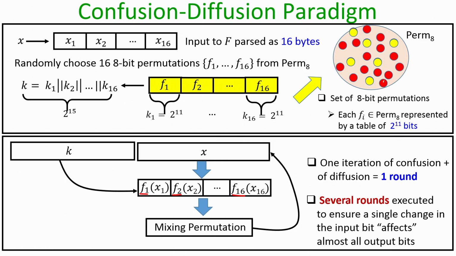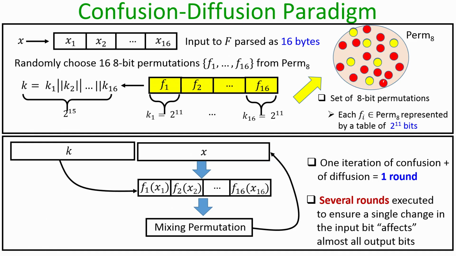That means we do not output whatever we obtain after one round as the output of f_k(x). The output at the end of the first round is considered the x input for the next iteration, and again depending upon the value of the key, we determine the round functions to use. We apply the individual round functions on the intermediate output, again do a mixing permutation, and repeat this for a fixed number of rounds.